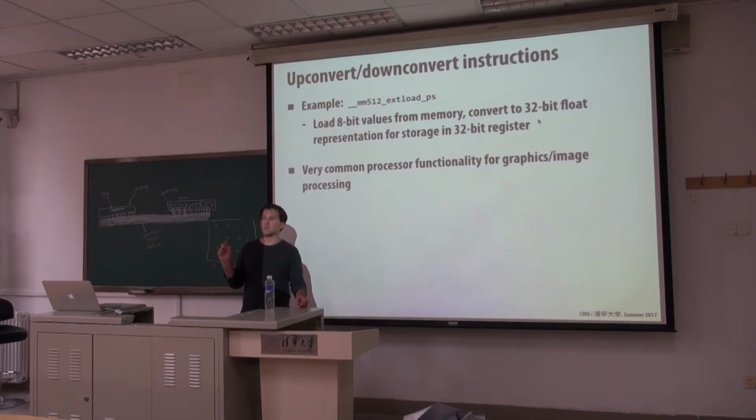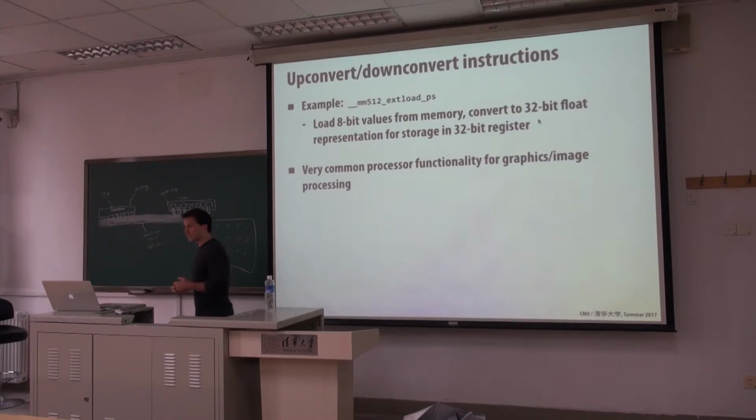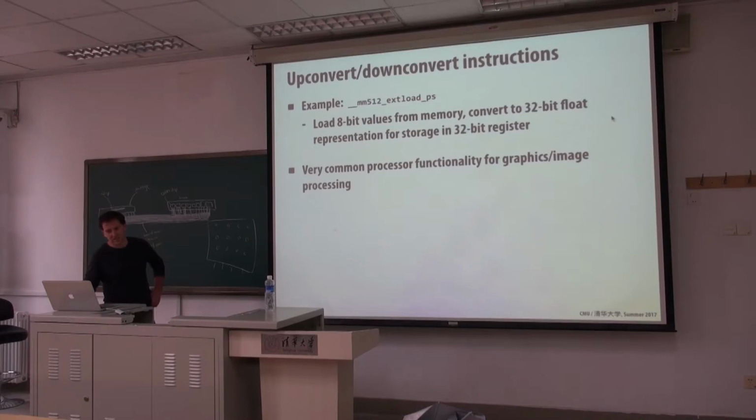Normally you'd have to burn a few instructions after loading that byte to convert it to a floating point number. It's not too cheap to convert fixed point to floating point. So this is an instruction that does it for you, I think, in one clock. It says, load 8-bit values and convert to 32-bit floating point values.